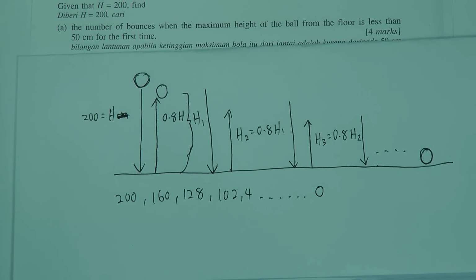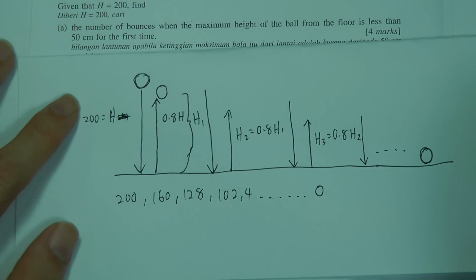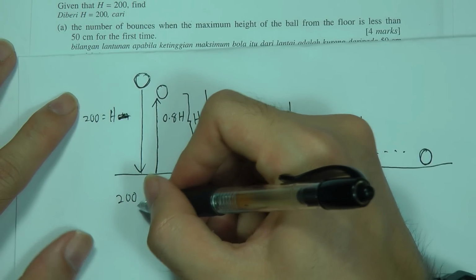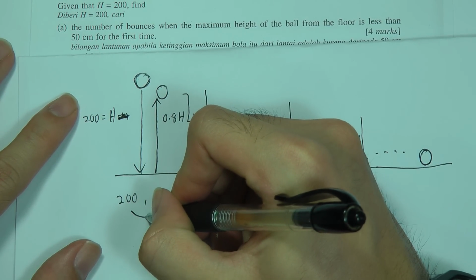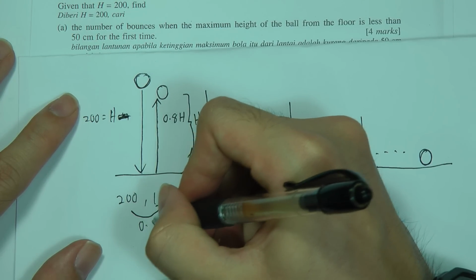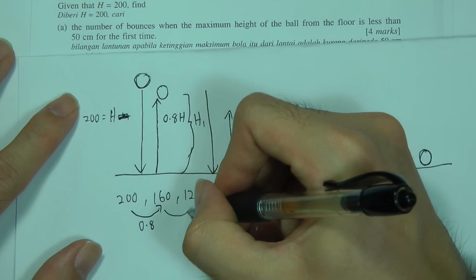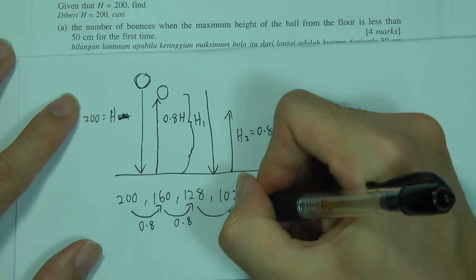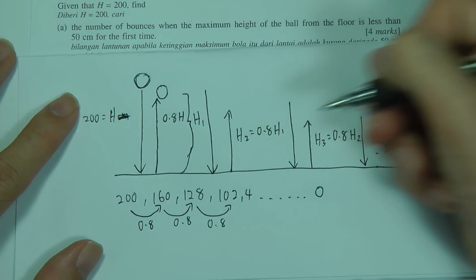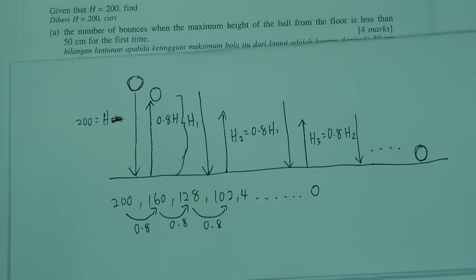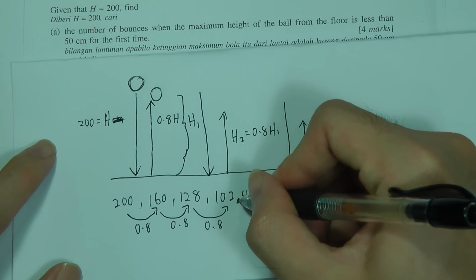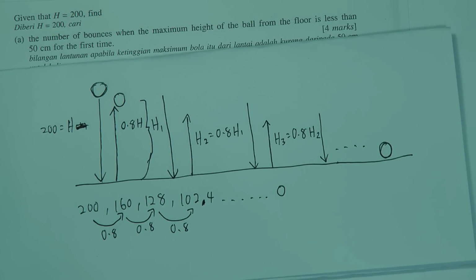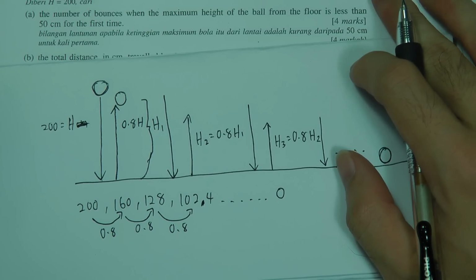So you roughly get the idea. The ratio r from the first term to the second term is 0.8. Then 160 multiplied by 0.8 gives 128, and multiplied by 0.8 again gives 102.4. This is the geometric progression I get.